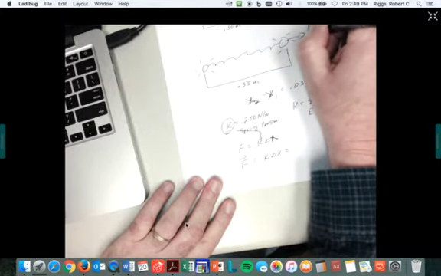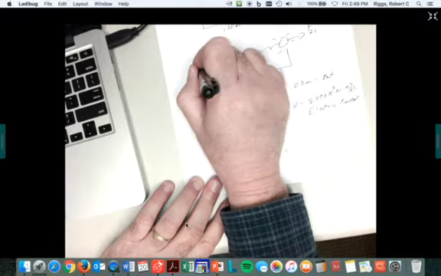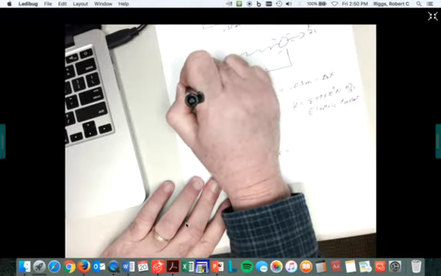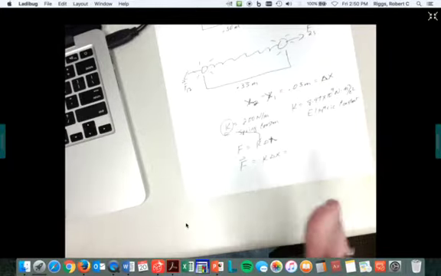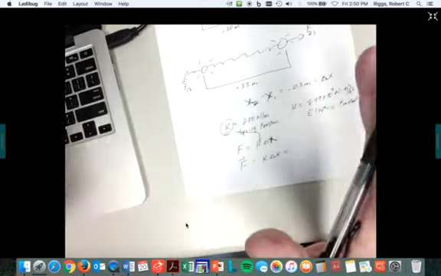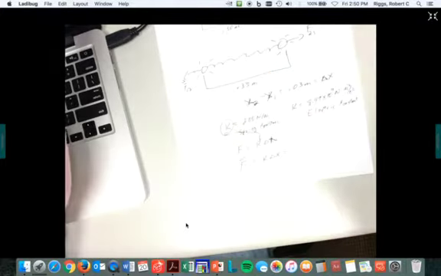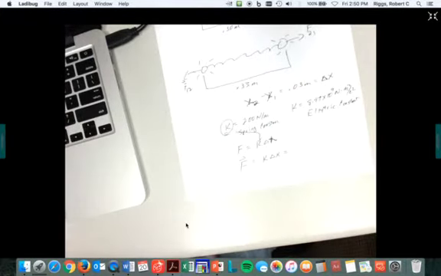The force on 2 caused by 1 is going this way, and the force on 1 caused by 2 is going this way, so they're going against each other. So what do we know about those charges? Are they positive? We don't really know for sure. Are they negative? Don't really know for sure. Is one positive and one negative? No, that's impossible. Otherwise, they'd be pointing towards each other.